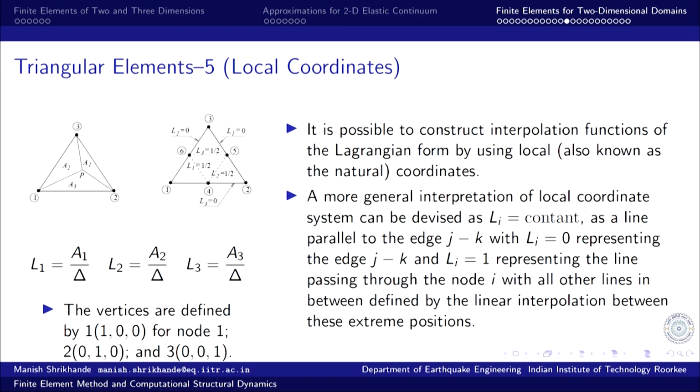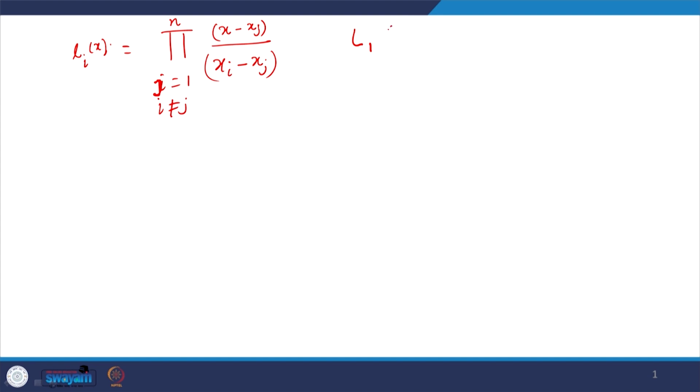So, I just multiply these two equations: the equation of this line and the equation of this line, evaluate it at node 1, and divide by that number. When I evaluate it at node 1, what do I get? L 1 multiplied by twice L 1 minus 1.